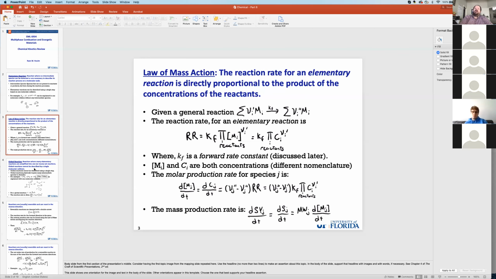Well, the mole fraction is the ratio of the moles of species I divided by the total number of moles in the mixture. And the concentration is the number of moles of species I divided by the volume. Okay, volume versus number of total moles. Yep. Any other questions?